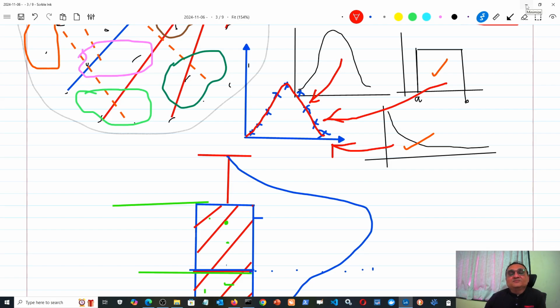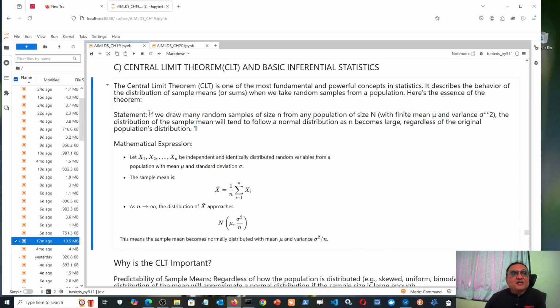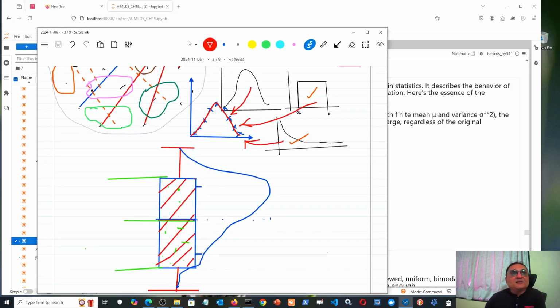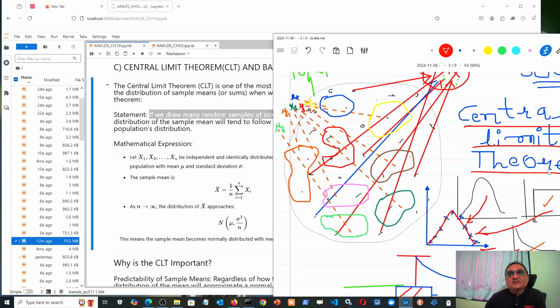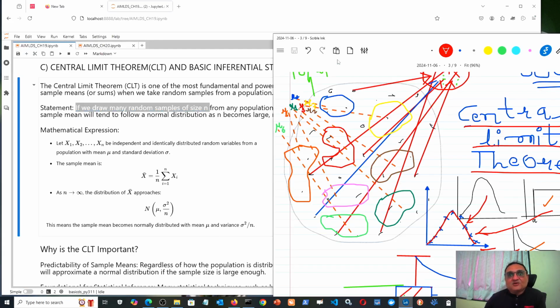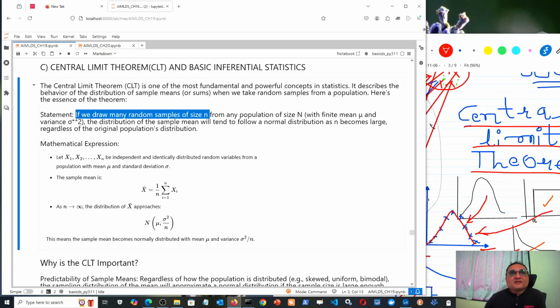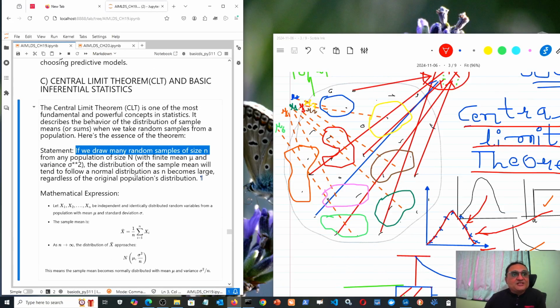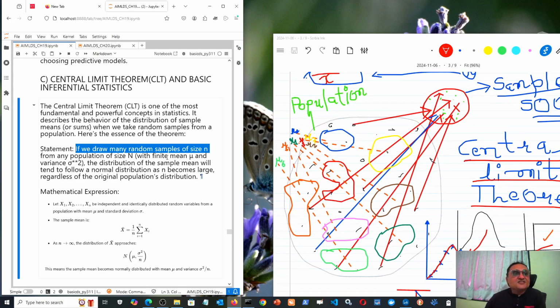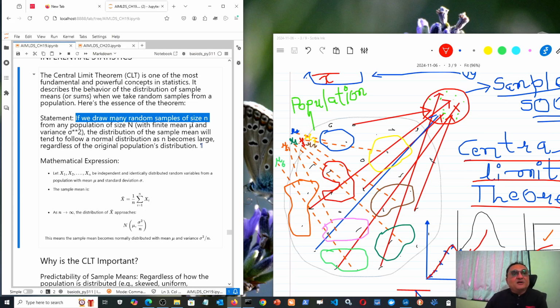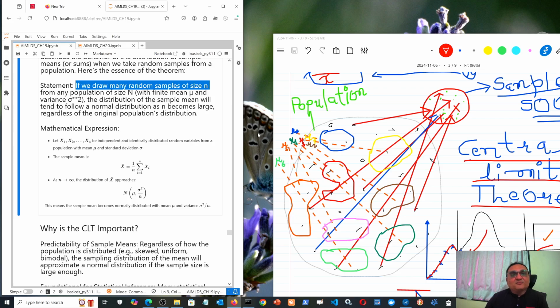Okay, now if you read the sentence, it becomes clear. If we draw many random samples of size n, just for the sake of relatability, so if we draw many random samples of size small n from any population of size big N, here big N is say 2 million customers' data and small n is that 5,000 sample size, and if that big N has some finite mean and variance, then the distribution of sample means, so find the mean of one sample, second sample, third sample, and so on.